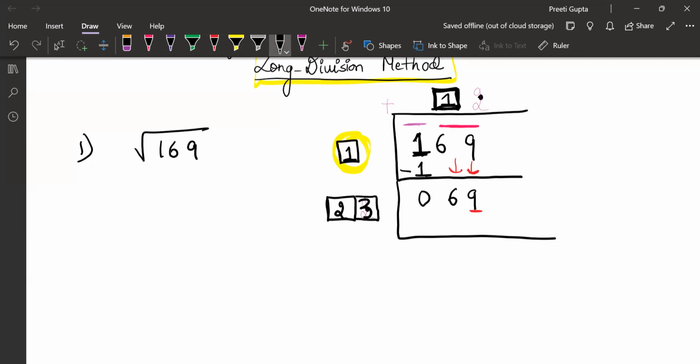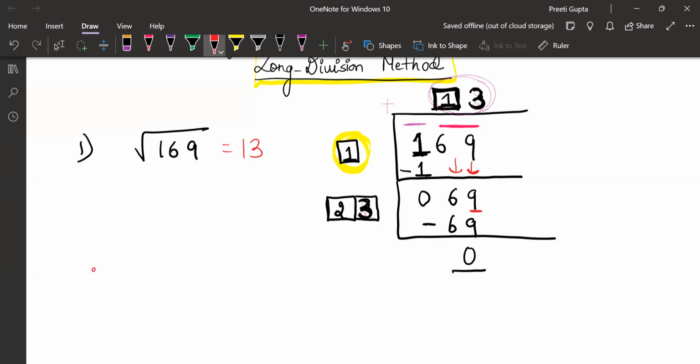So I put 3 here, and here also I need to put 3. So 23 3s are 69. If I subtract, the remainder is 0. And the number ends at the digit 9. So I have got the square root of 169, that is 13.